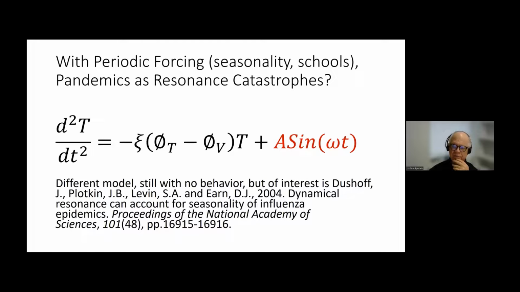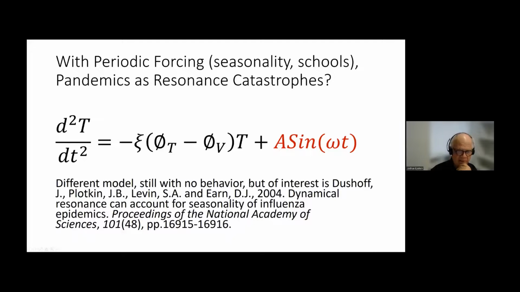But if you throw external forcing in here without the damping, then you can imagine seasonality, schools, and other things, and develop some kind of resonance catastrophic picture where the waves coincide, or at least amplify, the amplitudes are additive.